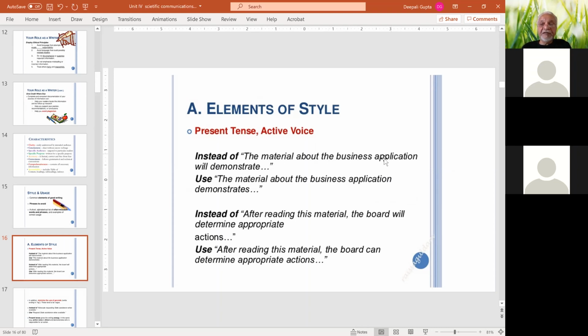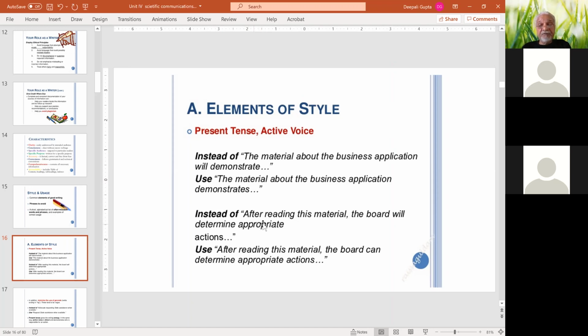so one way is writing like this. You can write "the material about the business application demonstrates." See, there is present tense and the active voice. So instead of writing like this, you should write like this.